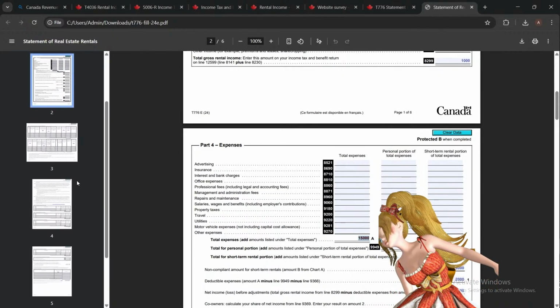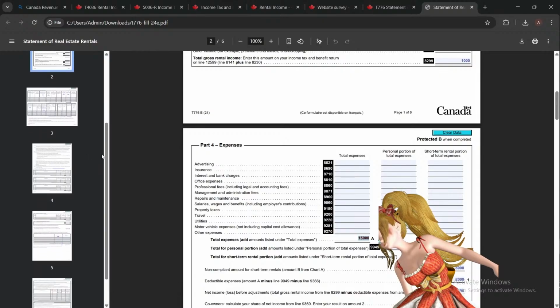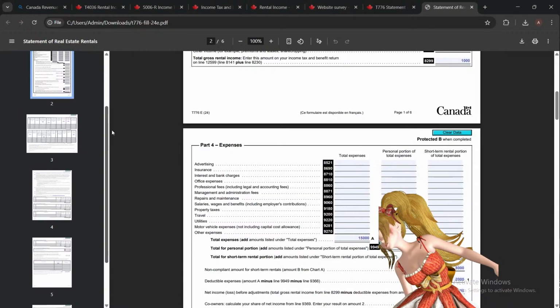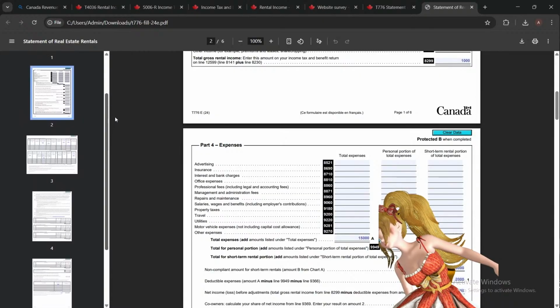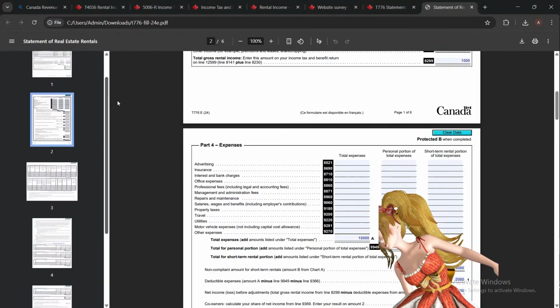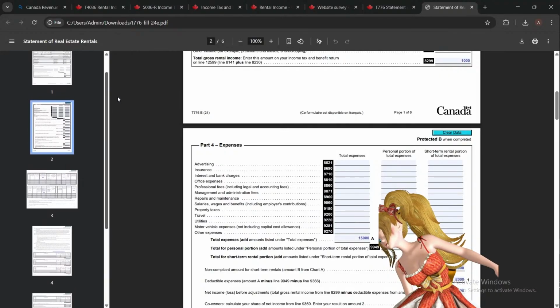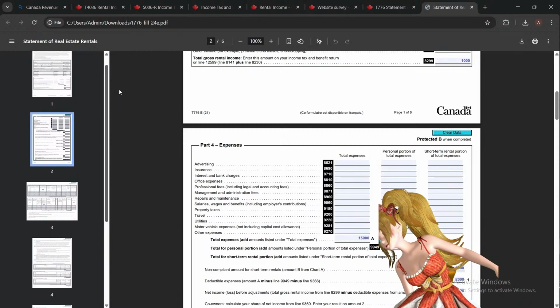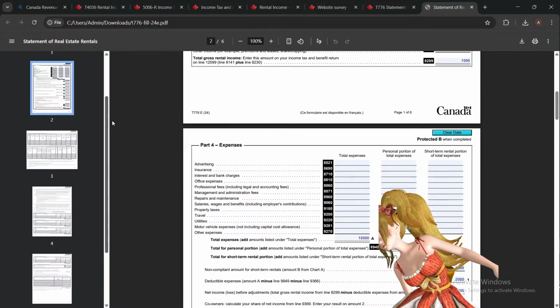Someone says on form T7776, the non-compliant amount for short-term rentals is the portion of your rental expenses that the Canada Revenue Agency will not allow you to deduct because your short-term rental property was operating illegally. What?